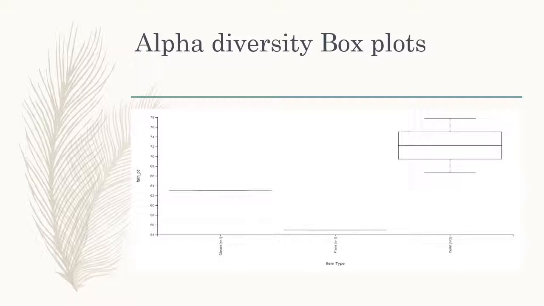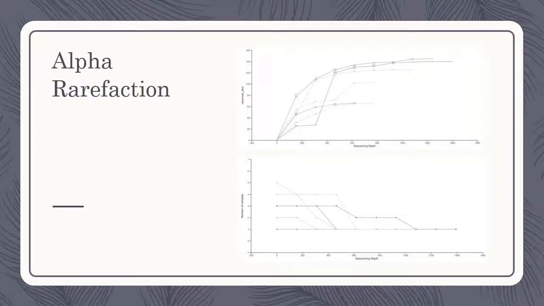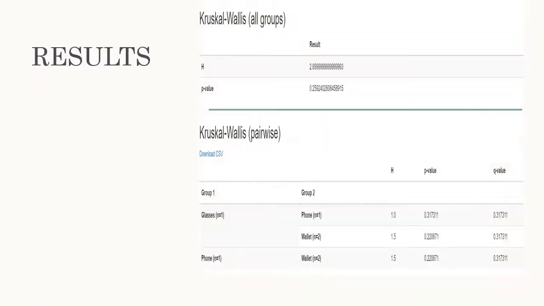Here are the box plots for the alpha diversity. For the glasses, there is only one kind of bacteria present, and for the phone, one kind of bacteria, and in the case of violet, there are two kinds of bacteria present in the sequence. So that's the alpha rarefaction curve. The first one is sequencing depth versus OTUs, and the other one is the sequencing depth versus the number of samples.